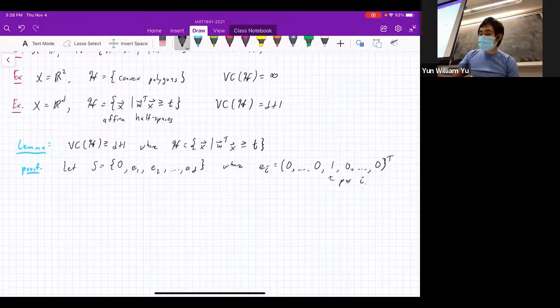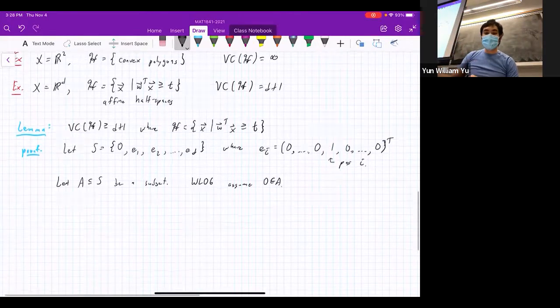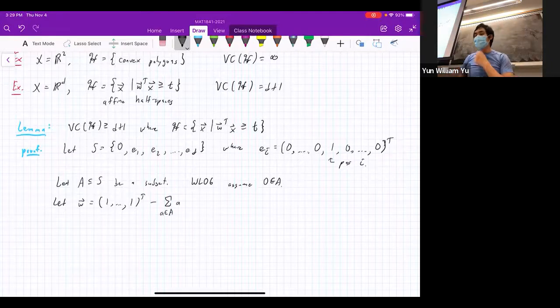Now let's consider a subset of S. Let A contained in S be a subset. Without loss of generality, we're going to assume that 0 is in A, because if it's not, then take the opposite one, or you can just do a translation. It doesn't really matter. We're going to let w be the all ones vector minus the sum over a in A of a.